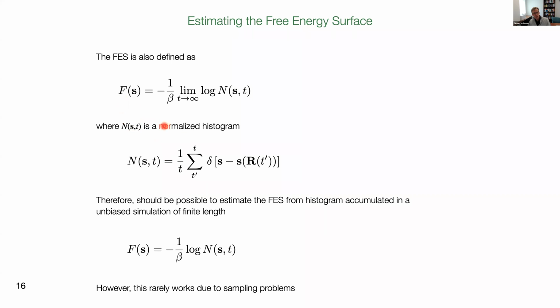And then we can just take the log of that, and we obtain the free surface. So in principle, it should be possible to estimate the free surface from the histogram accumulated in an unbiased simulation. However, as we showed yesterday in Michael's example, this rarely works due to sampling problems. Most of the time, we just vibrate in one metastable state without ever seeing a transition to another metastable state.